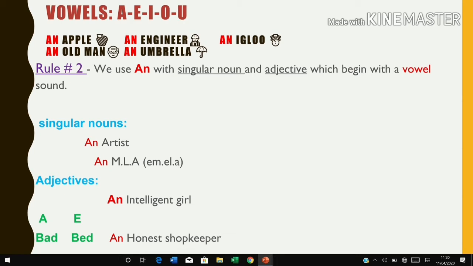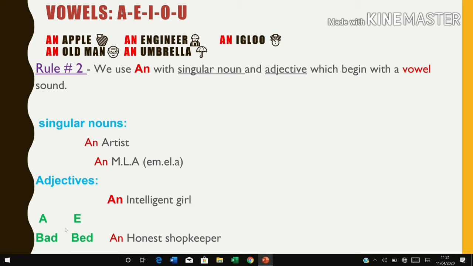Look at the difference between the pronunciations of the letters and words, for example, bad, bed. Look at the difference in how to pronounce a.